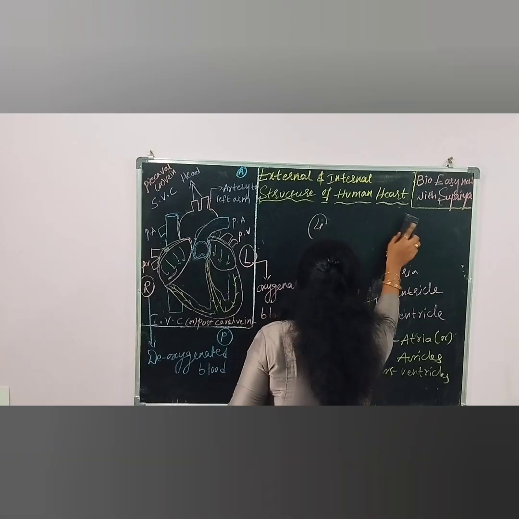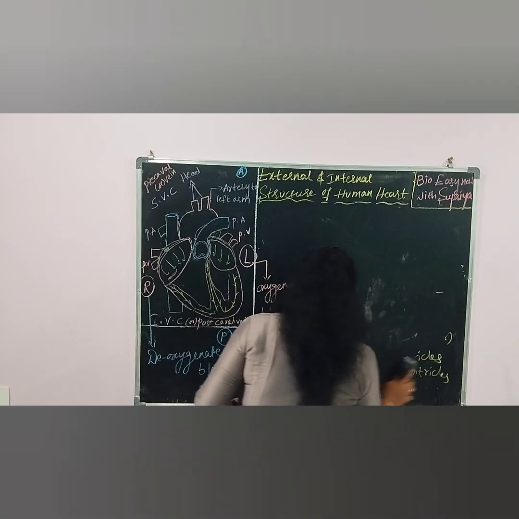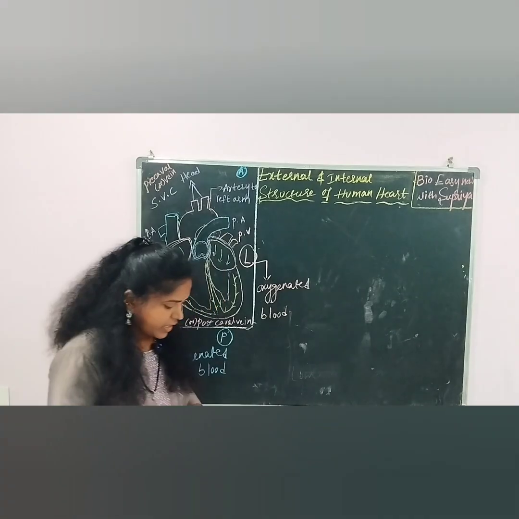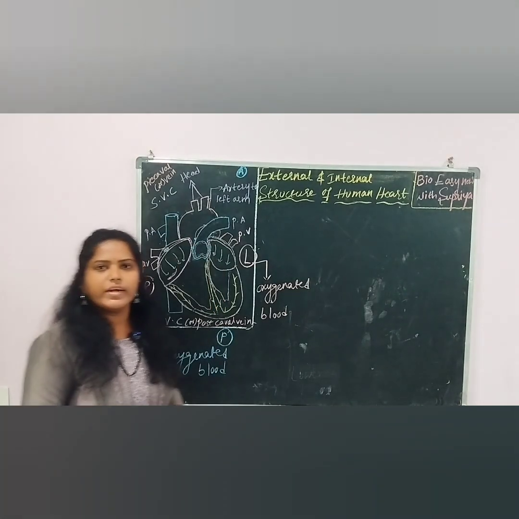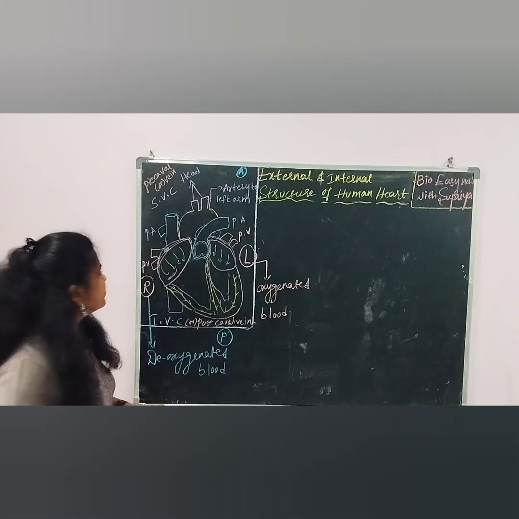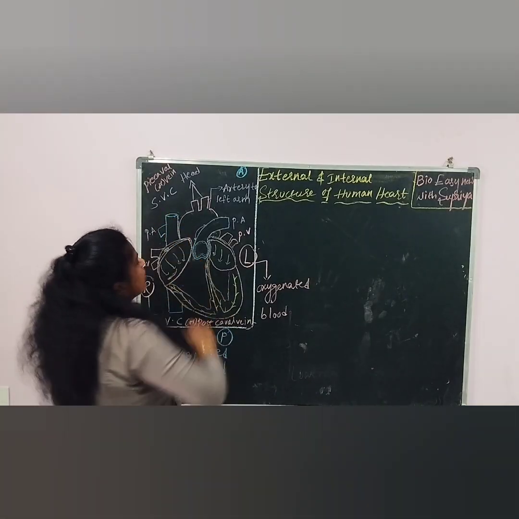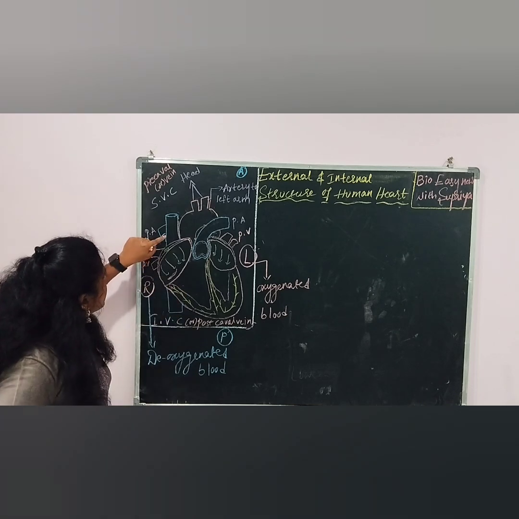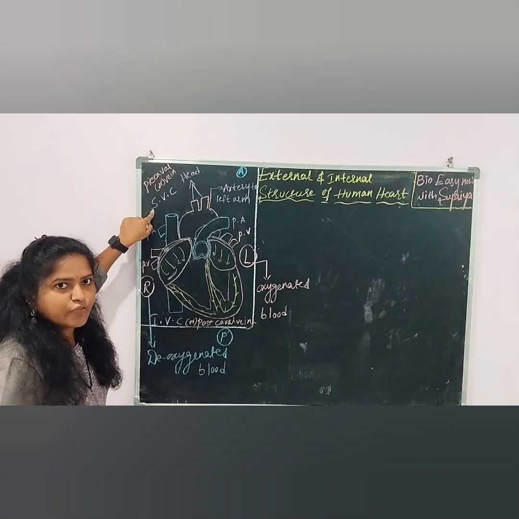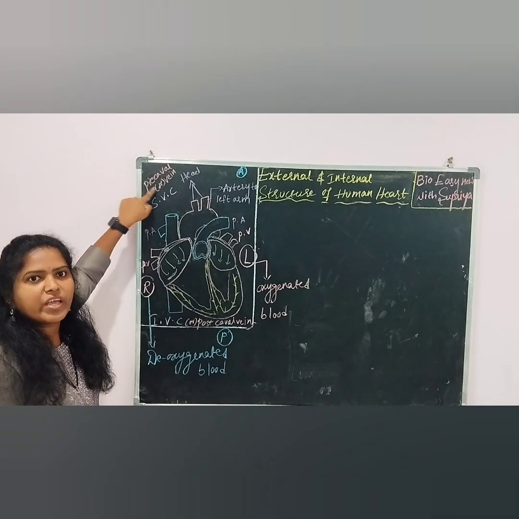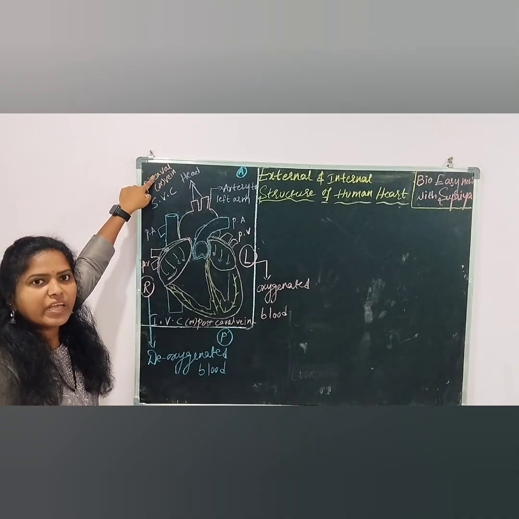Let us discuss the superior vena cava, the inferior vena cava, the aorta and the pulmonary artery. The superior vena cava is also called the precaval vein.